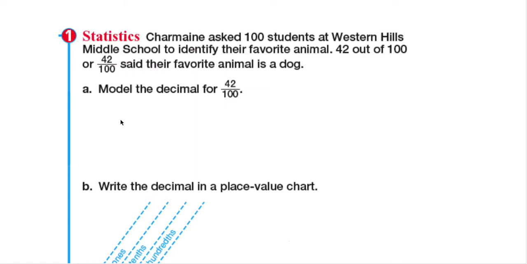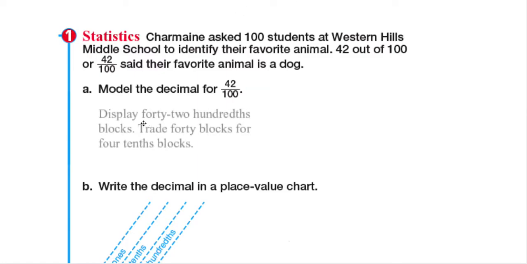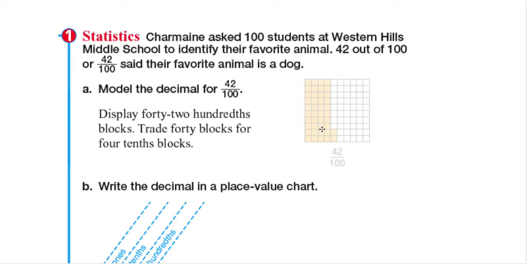To model that, we need to display 42 hundredths blocks. Trade 40 blocks for 4 tenths blocks. So this is how it looks in there. Display 42 hundredths blocks and trade 40 blocks for 4 tenths blocks.